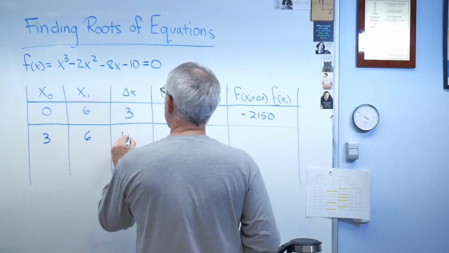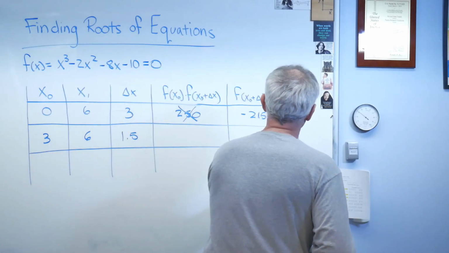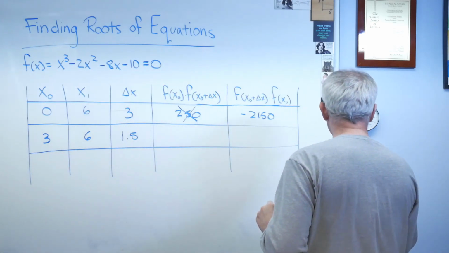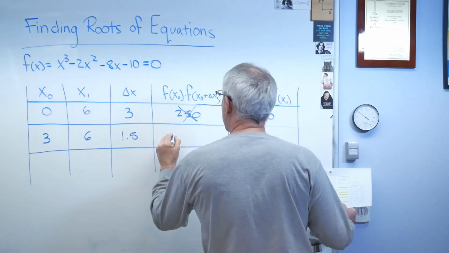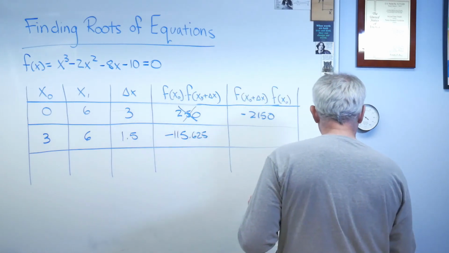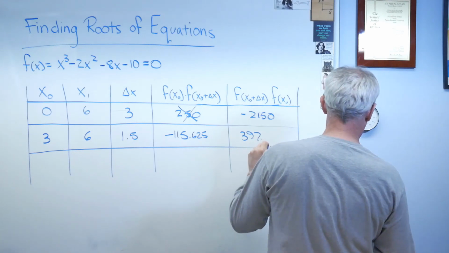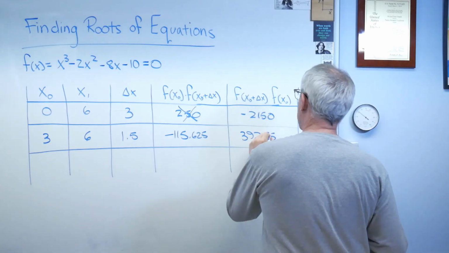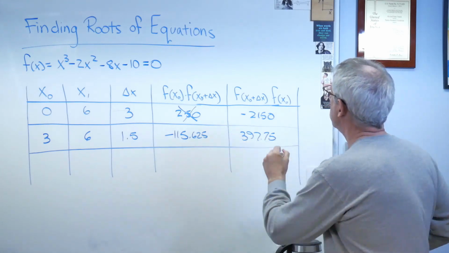Now this is going to be 1.5. Let me just write these numbers down, and then I'll show you the computer printout in a second. This one is minus 115.625, and this is 397.75. This one's positive, that one's negative.